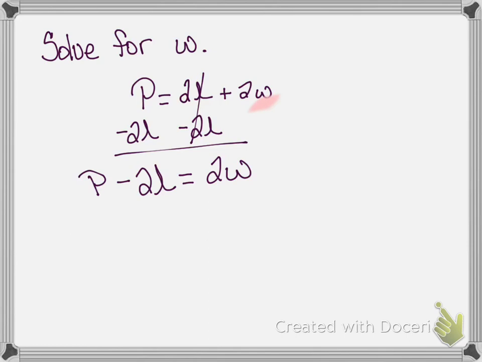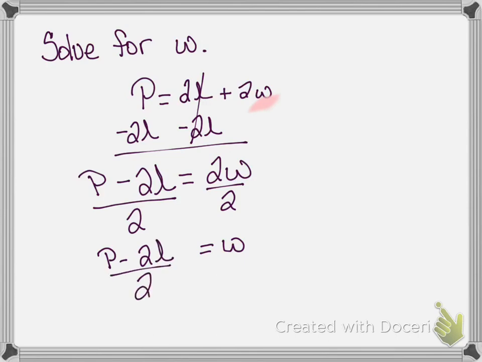So then our next step is to divide by 2 because that's what's with our W. So I'm going to divide both sides by 2. And so my final answer is going to be P minus 2L over 2.